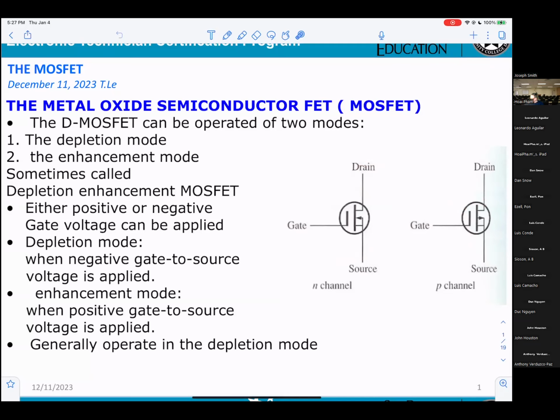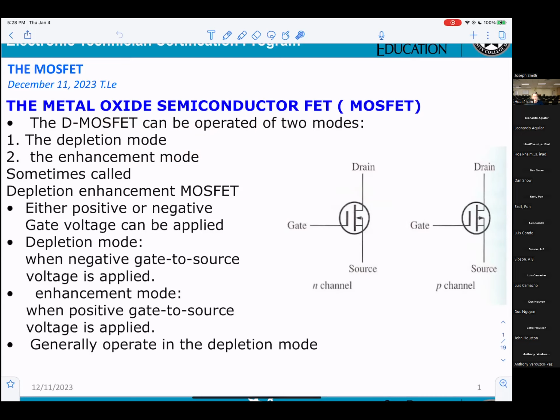And the MOSFET, that's the first one, can be operated in two modes, either depletion mode or enhancement mode. Remember, the MOSFET works the same as the FET.